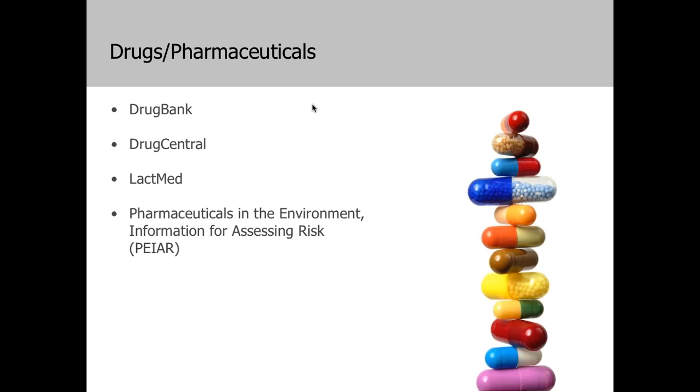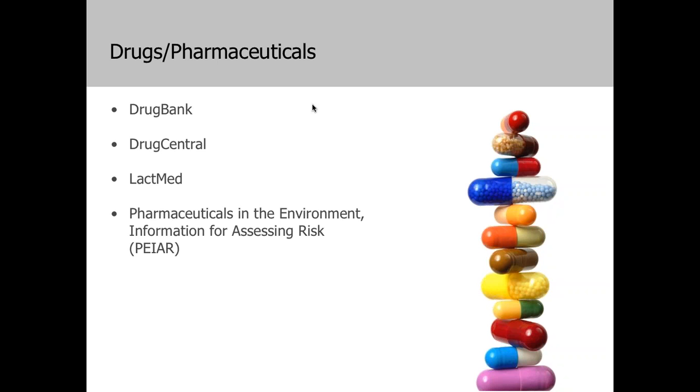But these are databases that are drug specific, and so the first one would be Drug Bank, which contains information on about 8,000 different chemicals, drugs, which would include some experimental drugs, some nutraceuticals, and some other things. This is provided by, I believe, a Canadian university up in Manitoba.